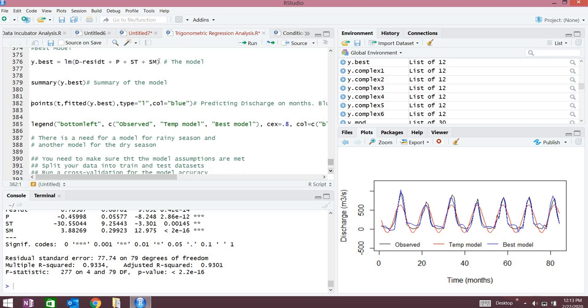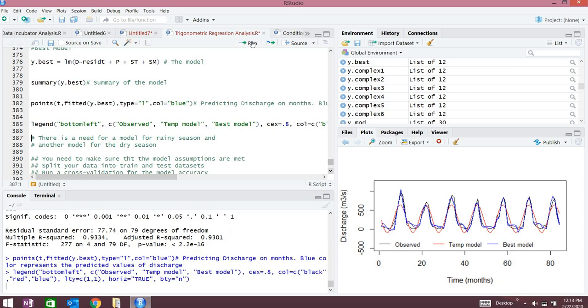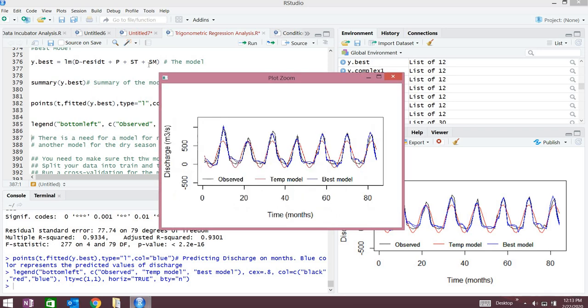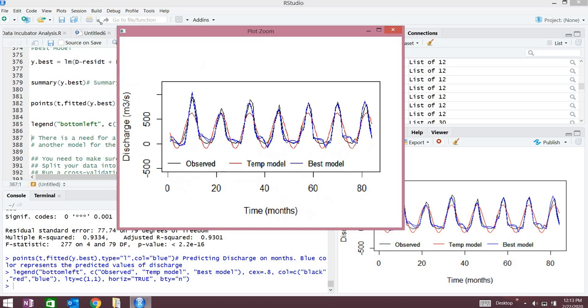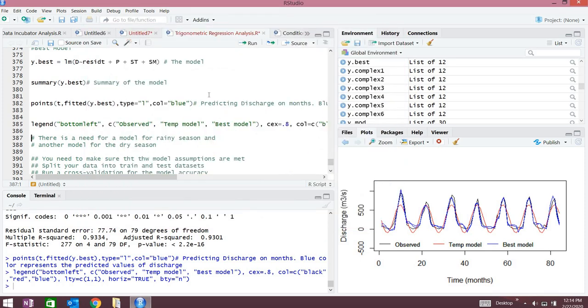So let's see what's going to be the impact on the plot. Not much. So okay, I remove the SC. You can keep it, but the idea is clear here.